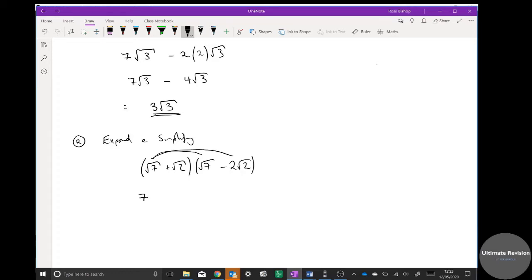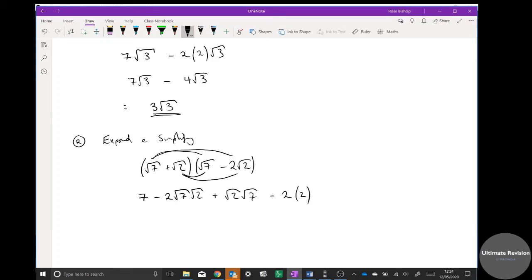Root 7 times minus 2 root 2 is minus 2 root 7 root 2. I can't really do much with the 7 and 2. I could make it root 14, but I'm just going to leave it separate for the time being. Root 2 times root 7 is just a singular root 2 root 7. And then root 2 times minus 2 root 2 is going to be minus 2 times root 2 times root 2. Okay, because root 2 times root 2 is 2, and then times 2 is another 2.